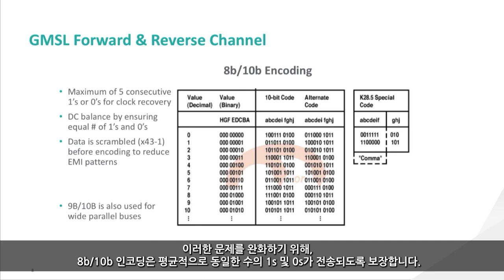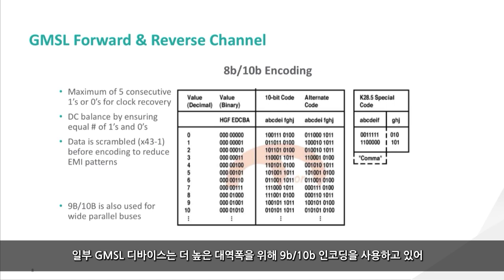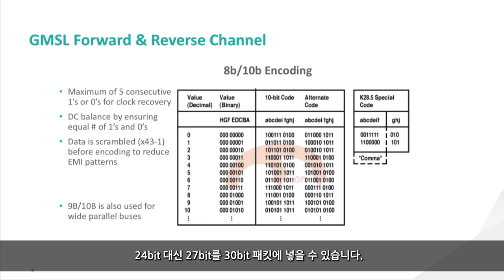To mitigate this problem, 8B/10B encoding ensures an equal number of ones and zeros are transmitted on average. Some GMSL devices use 9B/10B encoding for higher bandwidth, which allows 27 bits instead of 24 bits to be stuffed into a 30-bit packet.